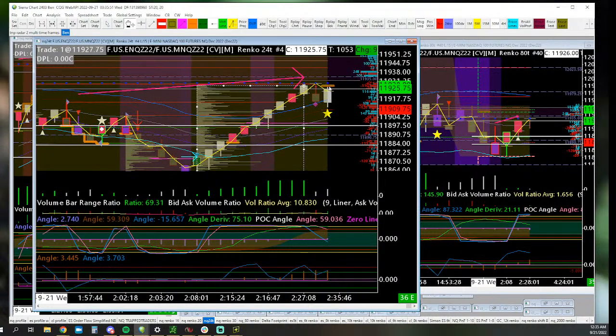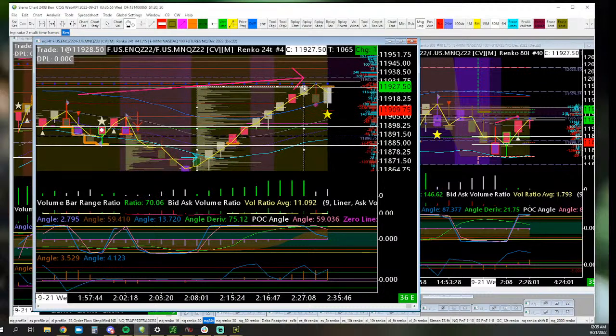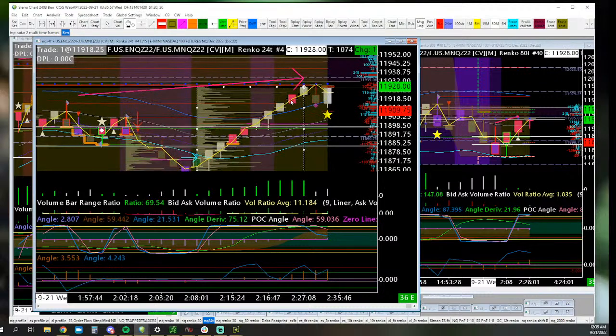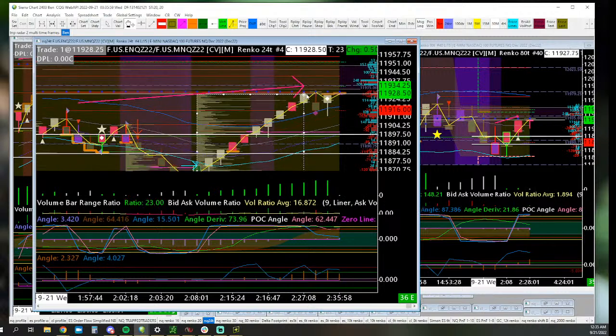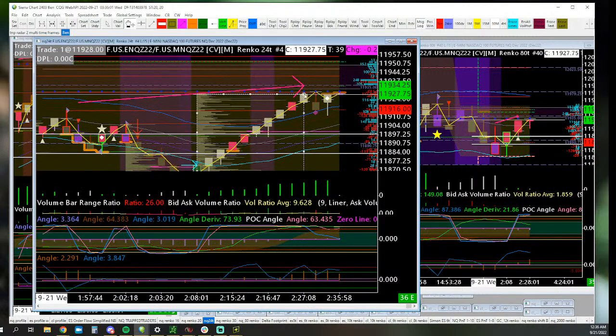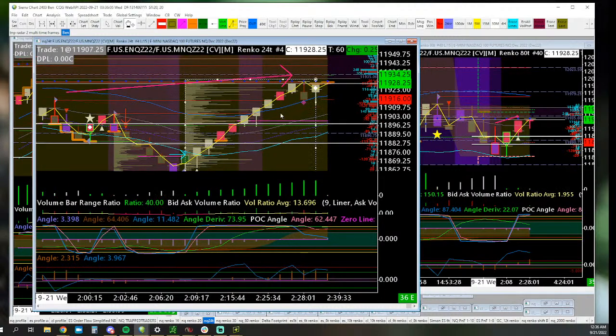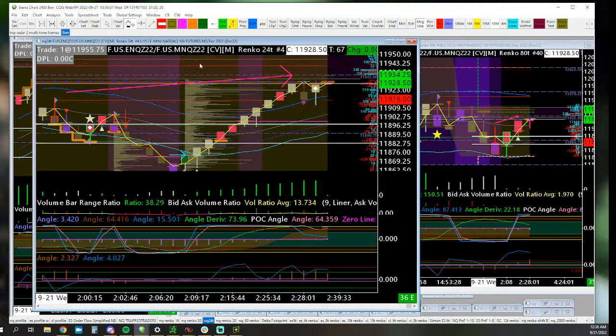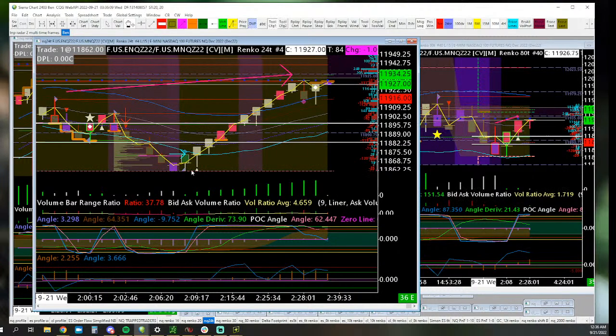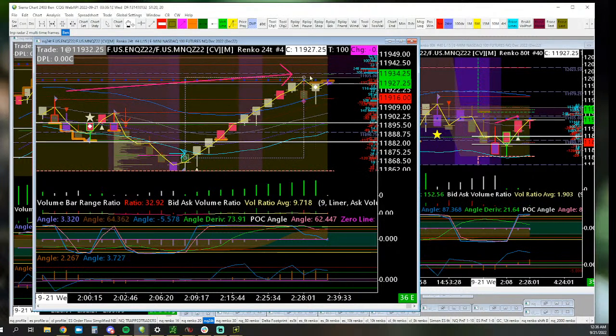But if this is green, then these are going to turn green, and then we can extend this, and this will shift higher. So now see these are green, right? It's the only thing that repaints here. And generally what's going to happen now is the POC is going to start shifting higher, which is bullish in the short term.